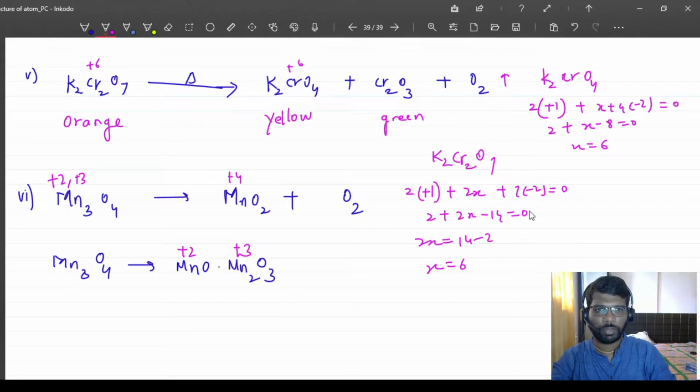In Cr2O3, the oxidation state of chromium will be 3. It is getting reduced. So these were the preparations of oxygen. These are the important methods for the preparation of oxygen.